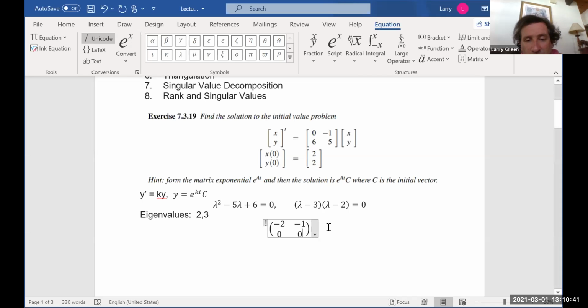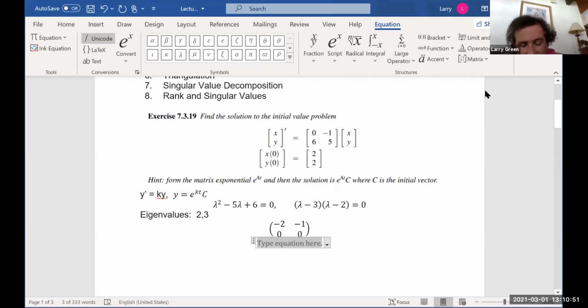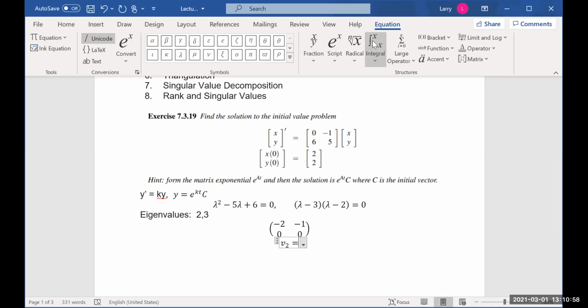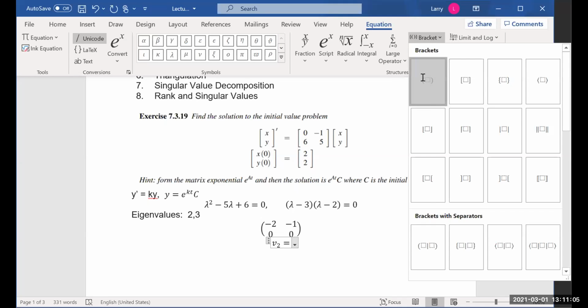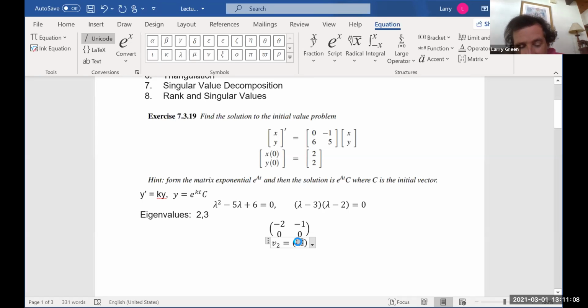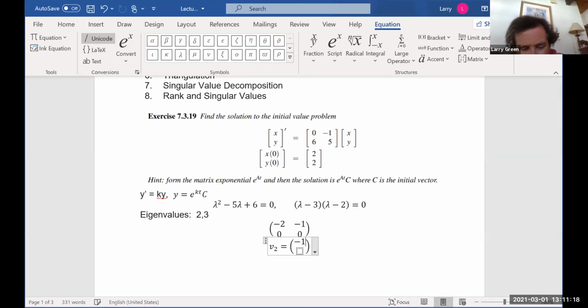Okay, so what is V sub 2? -1, 2. Yeah, -1, 2 will work. But I'm going to make it a little different, but we'll start with -1, 2, and then we'll play. How can I make this better?